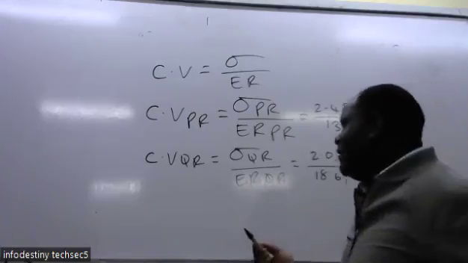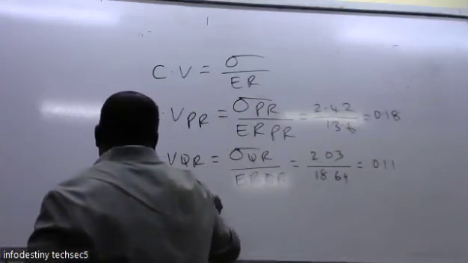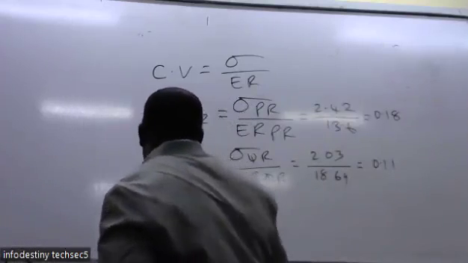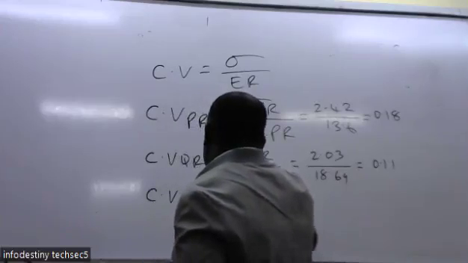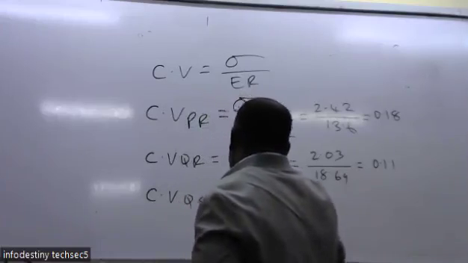The third combination was QS, whereby we also get the standard deviation for QS and the expected return for QS.